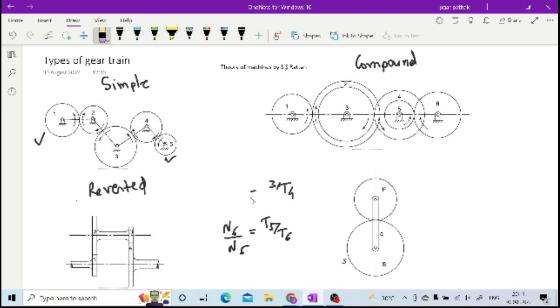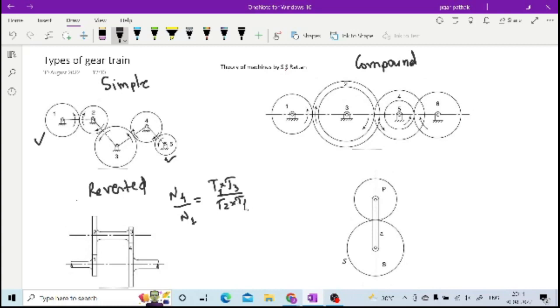So that is how again you have a compound gear, because 2 and 3 are on the same shaft. For the reverted gear train, n4 by n1 can again be similar to the compound gear train, like t1 into t3 divided by t2 into t4.